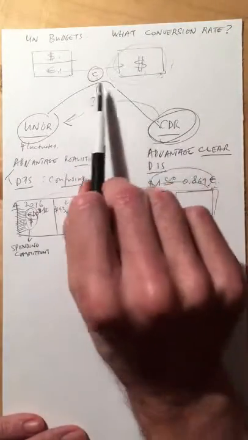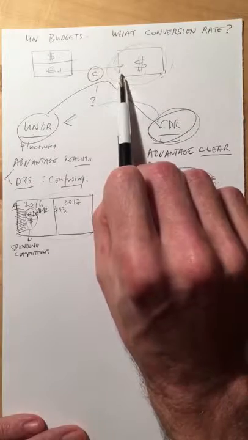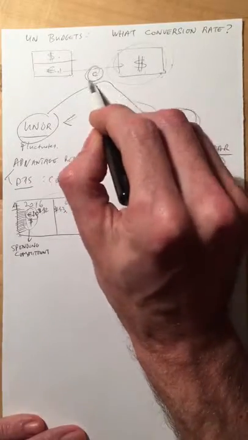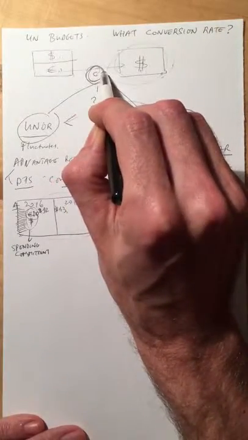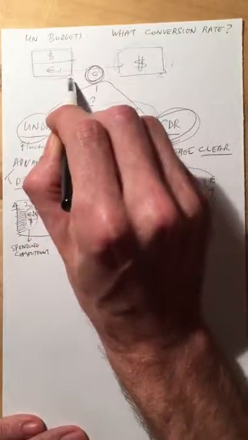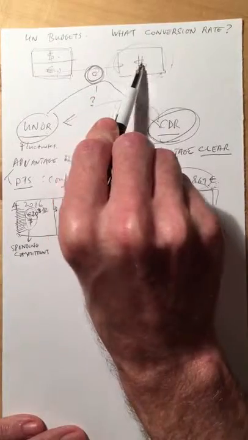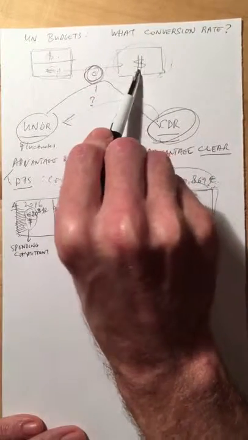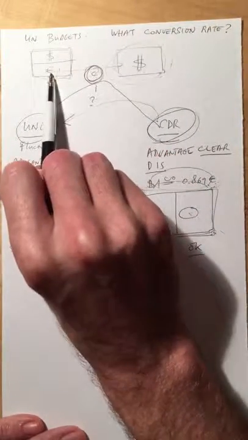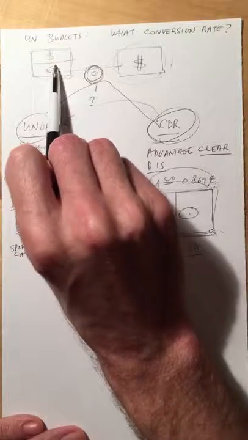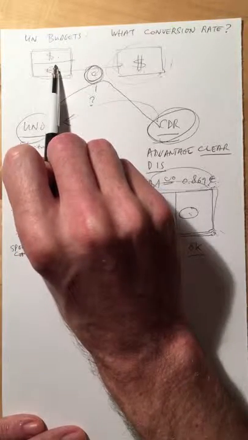Now, that doesn't mean they're going to pay more or less, because no matter what conversion rate you use, the money that you have in the bank will stay the same. The only thing that changes is the dollar amount in which you present it. But member states always pay their contributions in two currencies.